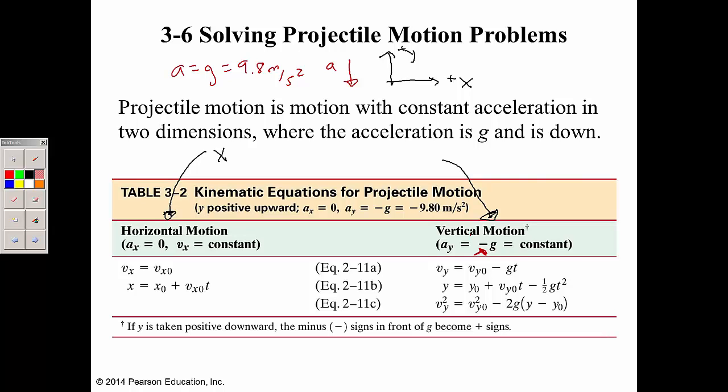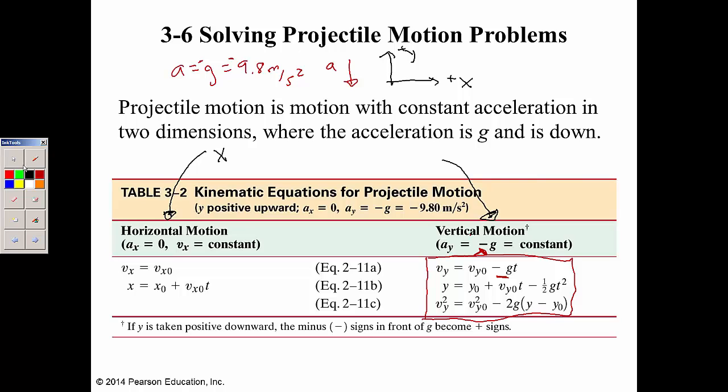So thinking back to all the equations for one-dimensional kinematics, here we've simply replaced the x's with the y's, because we are talking about the y direction, we don't want to get confused. And rather than have plus acceleration times time, we've written minus g times time, because the acceleration is equal to negative 9.8 meters per second squared.